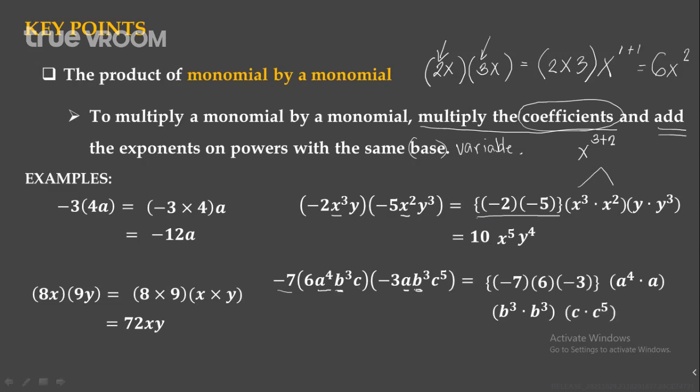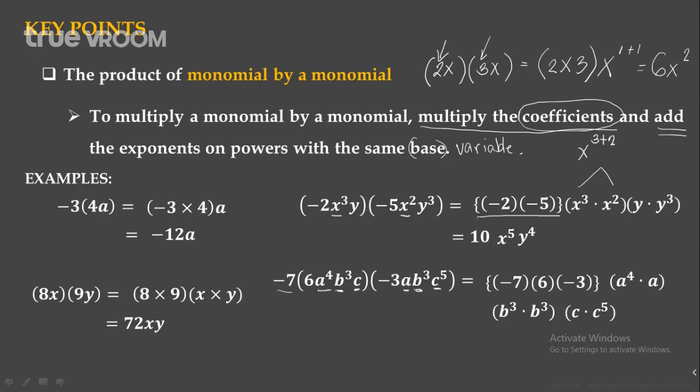And the same also with c, so we have c here and then c raised to the 5th power. There are only 2 variables in each group here. Why? Because our third monomial, negative 7, doesn't have a variable. So therefore, we have only 2.